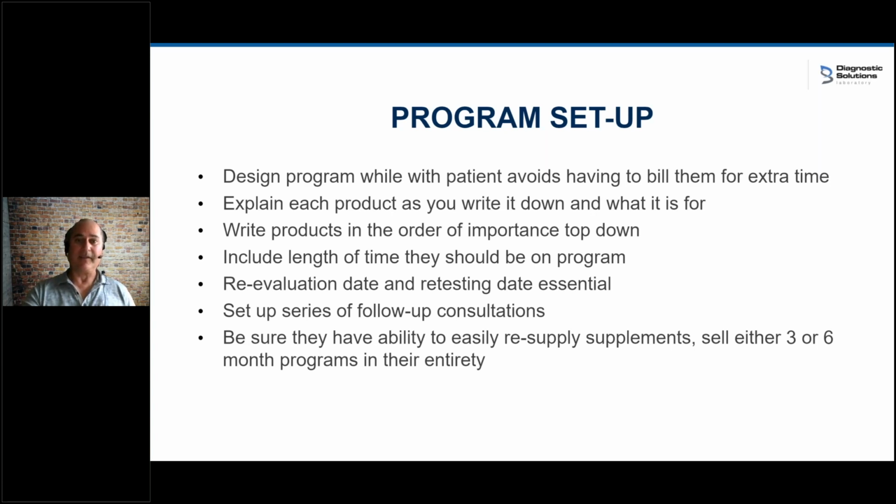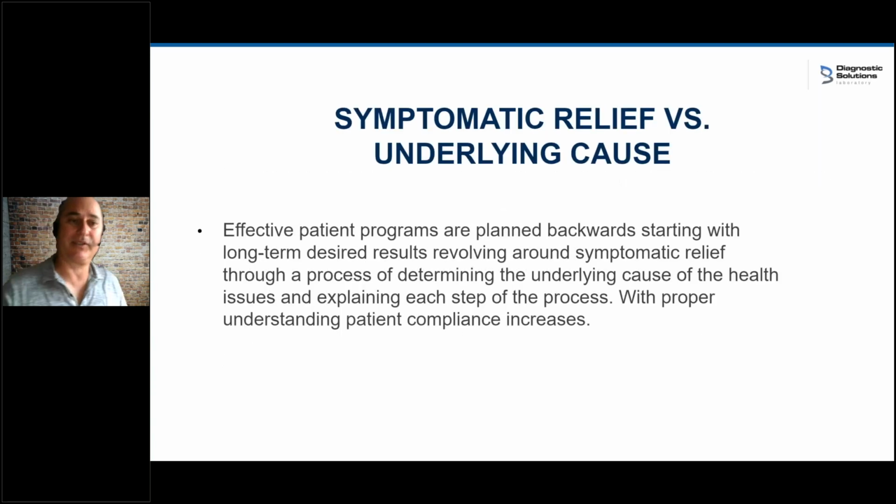It's kind of typical. And then we always sell the supplement programs in a programmatic way, right? So if it's a 3-month anti-yeast program, we sell them the whole 3 months of the program all at one time. If it's a 6-month leaky gut repair program, we sell them the whole 6 months of the program all at one time. Why would you buy a month's worth of a 6-month program? It just doesn't make any sense.